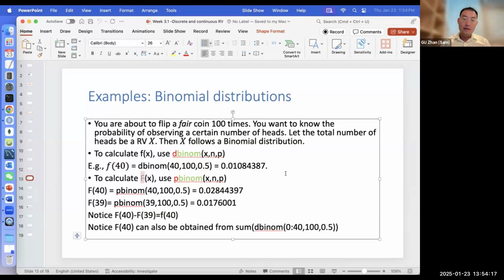Then the uppercase F(x) is the cumulative distribution function. So for any x value, as long as it's less than or equal to 40, I want to find all their combined probability and sum them together.